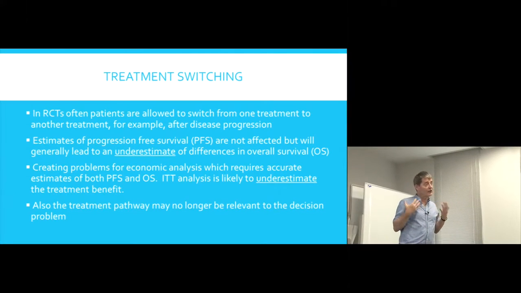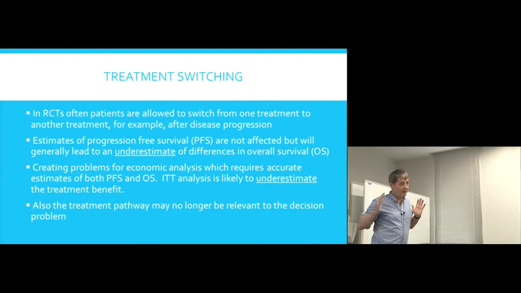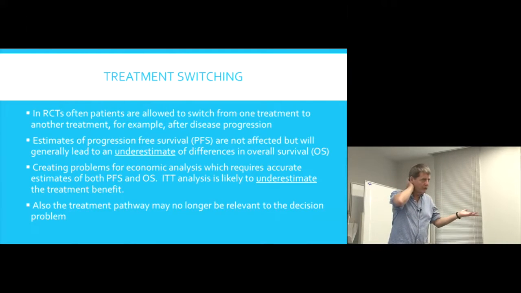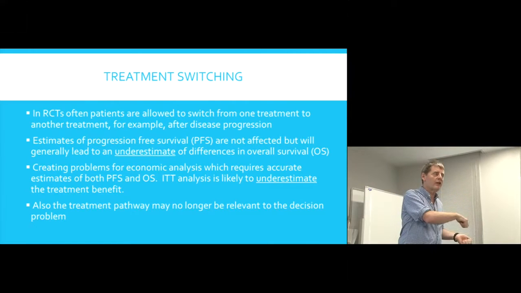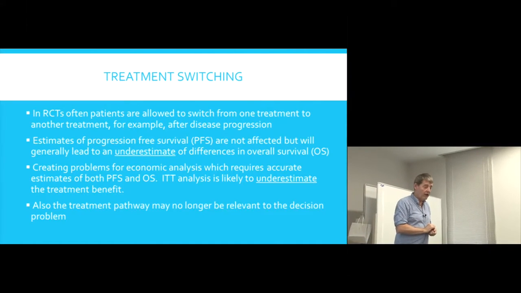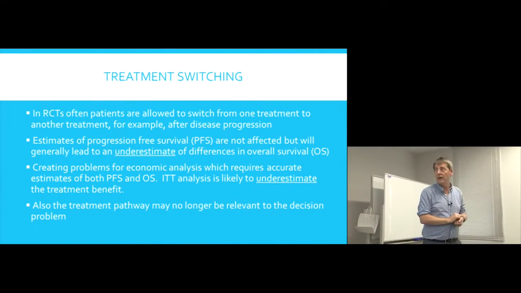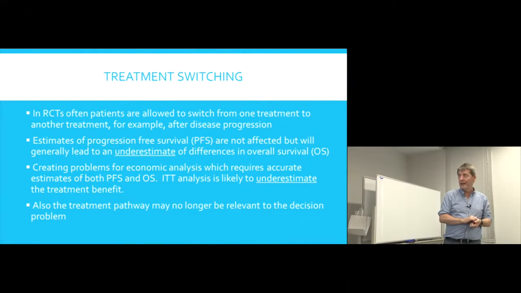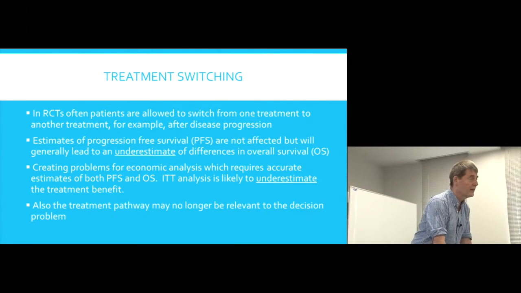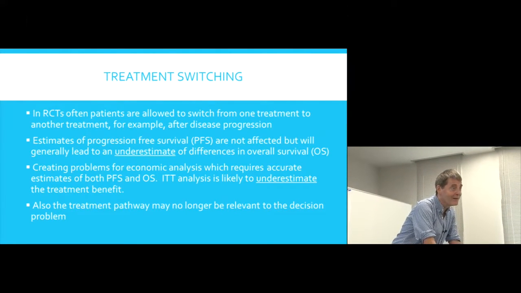Now, our estimates of progression-free survival, that period before they progress, will be okay because no switching's happened. But if patients are allowed to switch once they progress, our estimates of overall survival are potentially biased. And generally, it will give us an underestimate. Now, if we underestimate the benefit of azacitidine or any new drug, that is a problem.